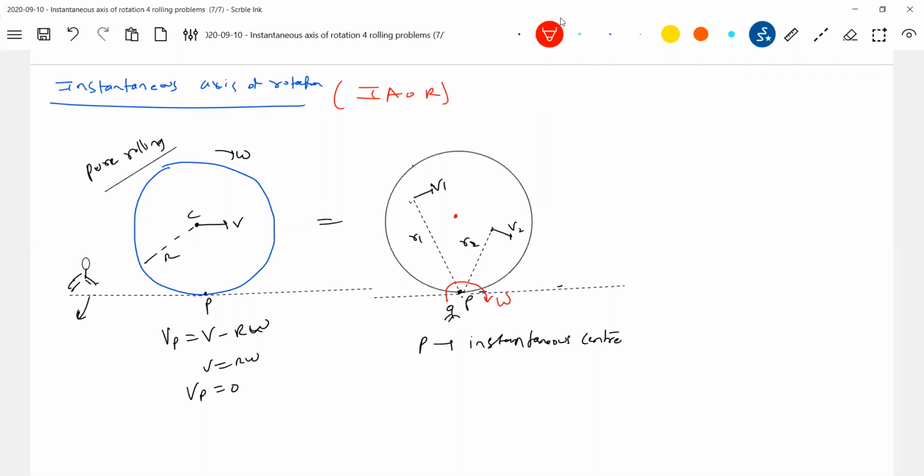What is the advantage of this? Tell me which particular motion you find very difficult to define. This one is like a pure circular motion. What about here? Both translative and rotative motion. So here what happened? About P, only rotative motion.